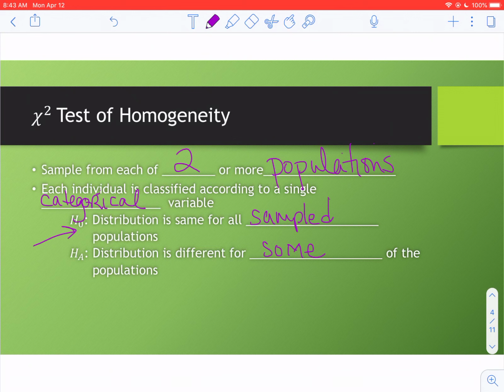So notice that H naught on all these chi-squared tests is basically, is it the same, or is the distribution the same as the claimed distribution? Is it no difference? And the HA is there some sort of difference? Notice again that our hypotheses are written in words instead of numbers because we're talking about categorical variables here.